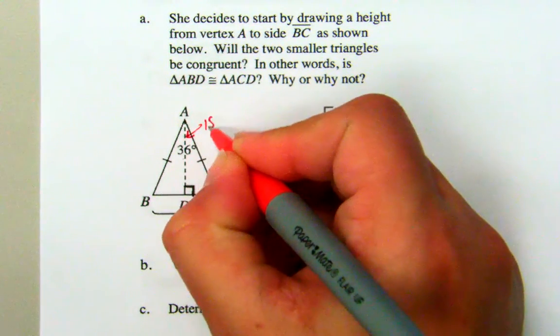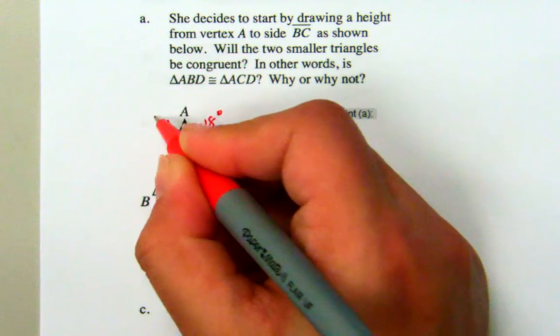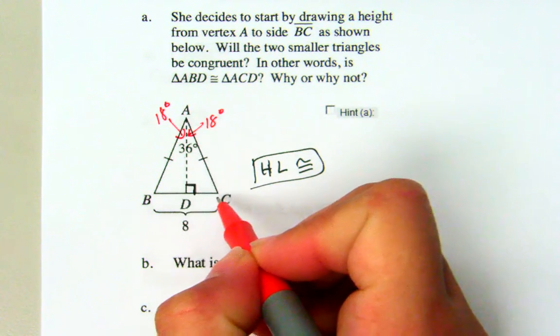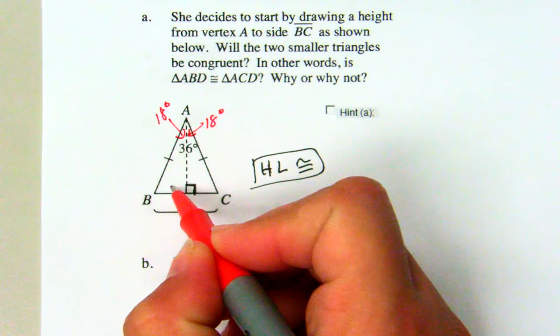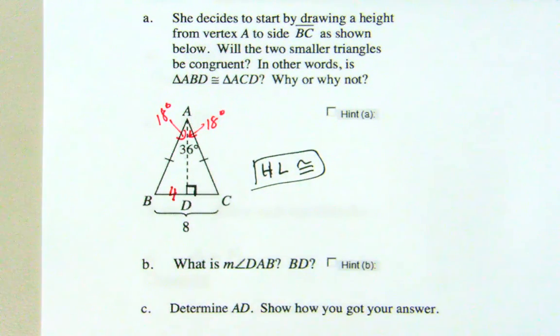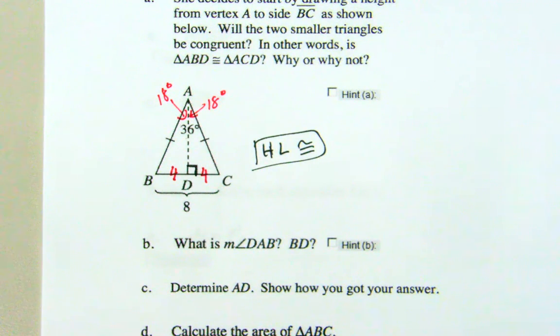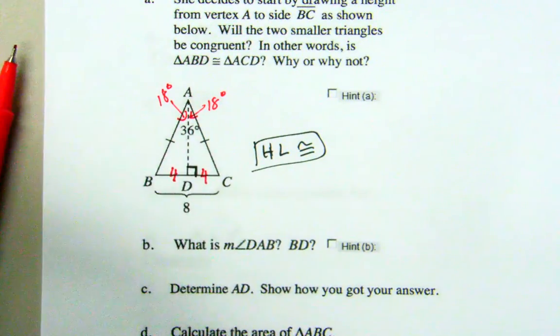So this is 18 degrees here, and this other one here is also 18 degrees. All right, that works out. And then what is BD? So if the whole thing is 8, this should probably be 4 and 4 because you cut it in half.